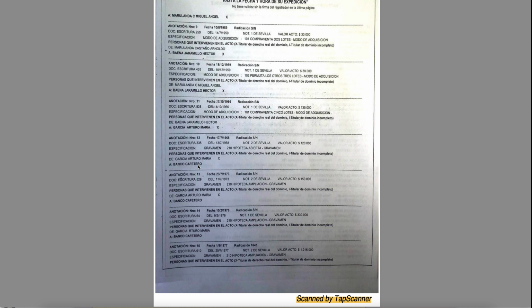Now you will have to find out which bank is the one that has the files. We went to that bank to ask about this type of mortgage that was recorded.